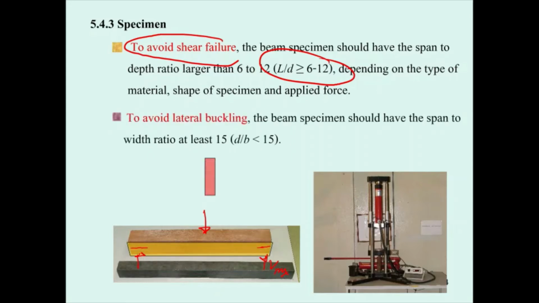And to avoid buckling, if you bend a plastic ruler, you can see the lateral buckling in the shape of this. If you have a very thin beam and you bend it, you are going to get the beam with this so-called lateral buckling in the form of a bow. To prevent it, you are going to have the ratio of D over B larger than 15. So that means your specimen is supposed to be thick enough.